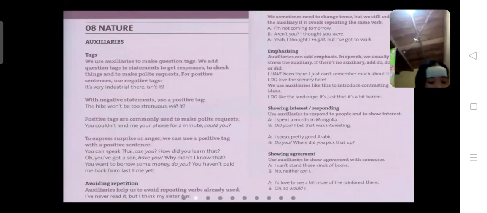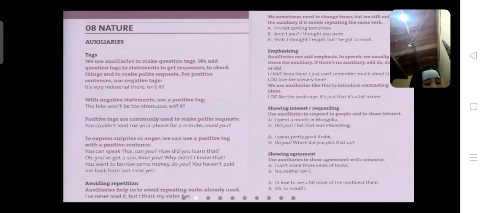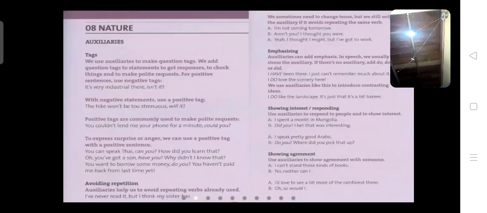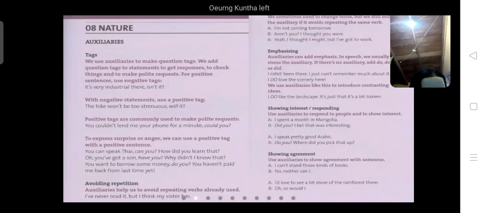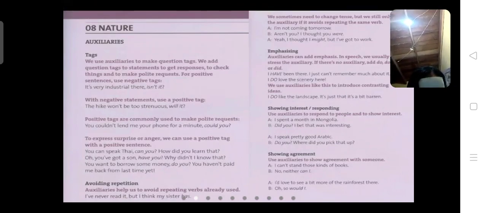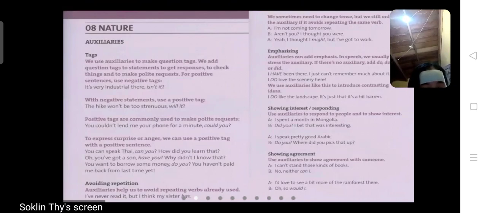For emphasis, auxiliaries can add emphasis.